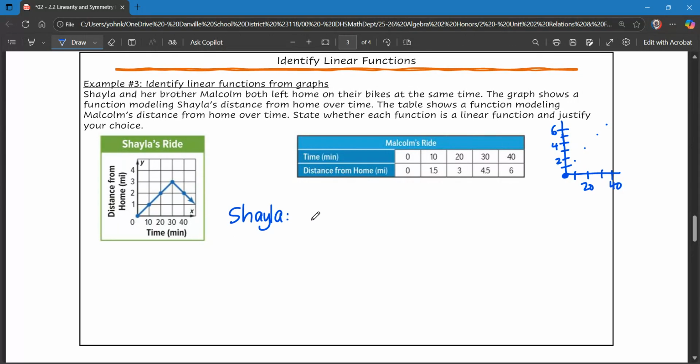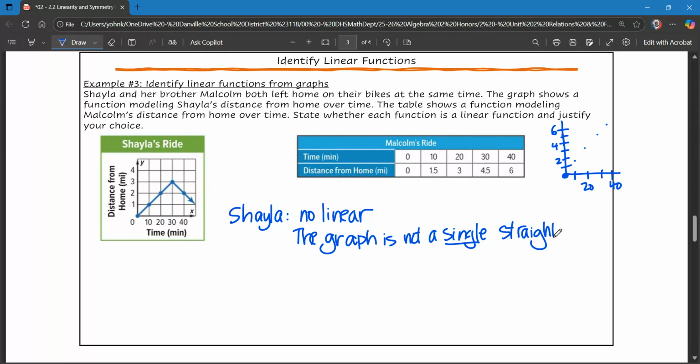All right, so Shayla, her graph is definitely not linear. She's more of an absolute value. We can say the graph is not a single straight line because you need to have a single straight line, not a V-shaped line.